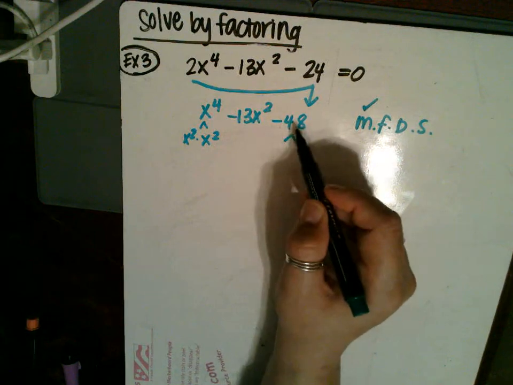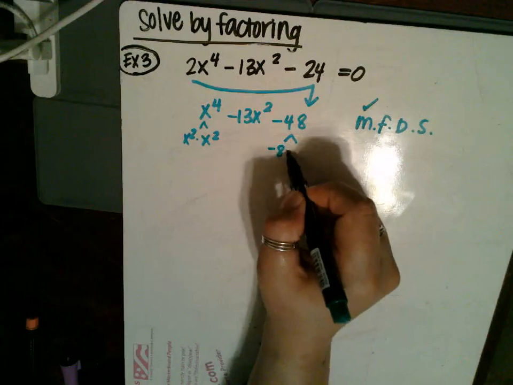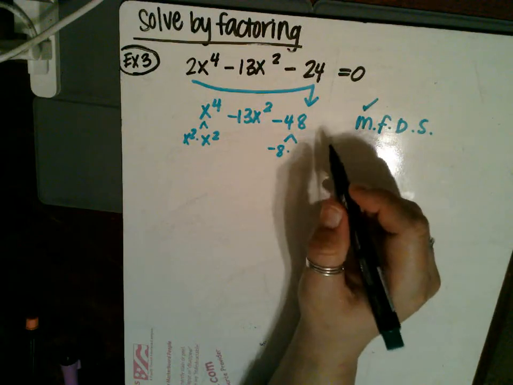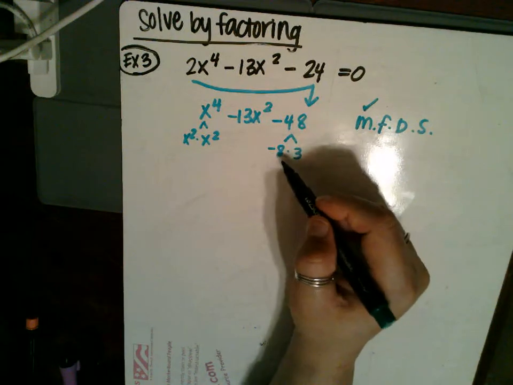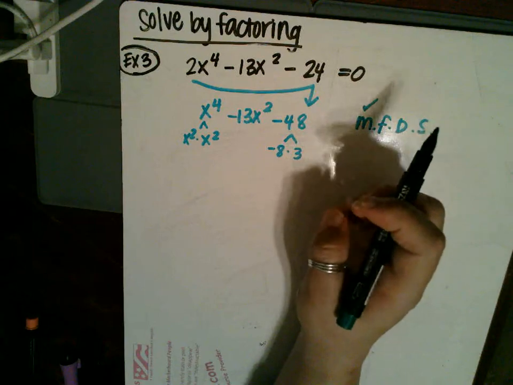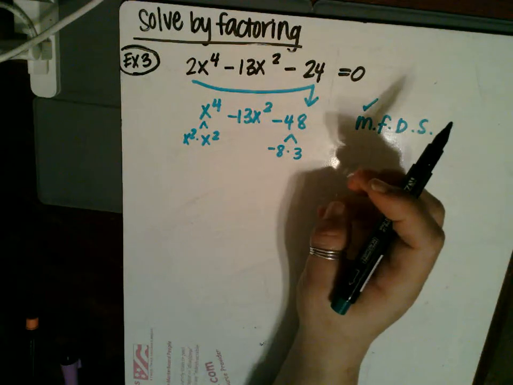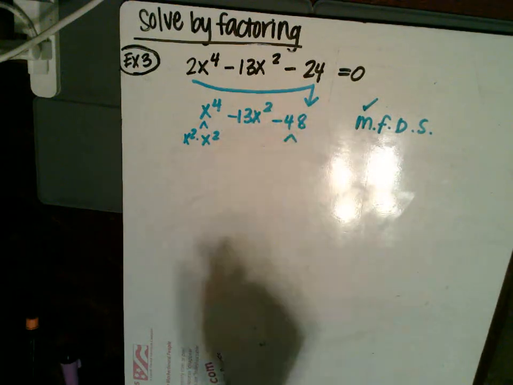things that multiply to negative 48 but add to negative 13 are going to be negative 8 times positive 3. Negative 8 times positive 3 is negative 48, and negative 8 sorry, those are not the factors.